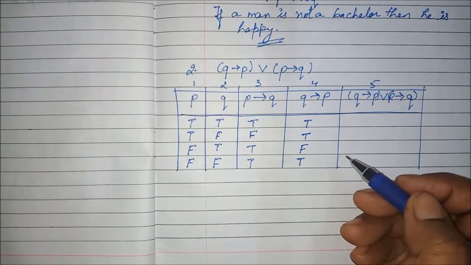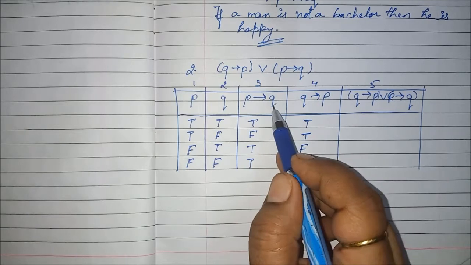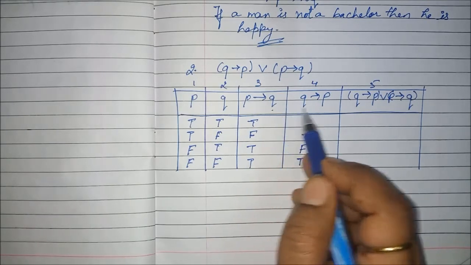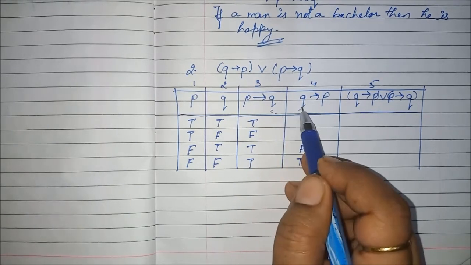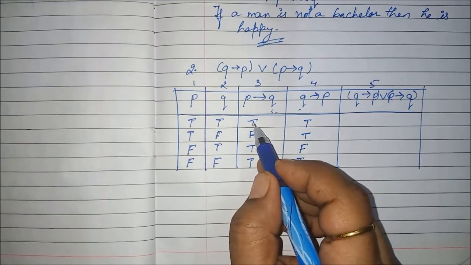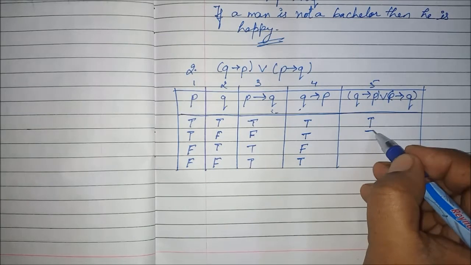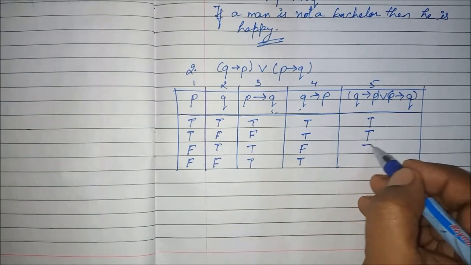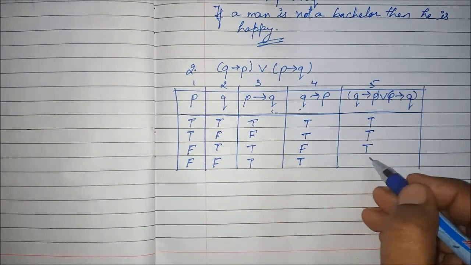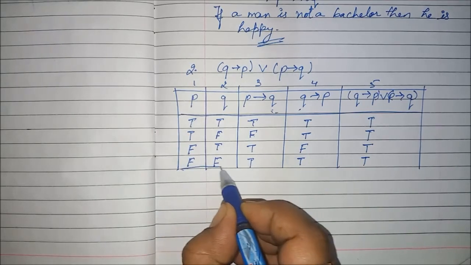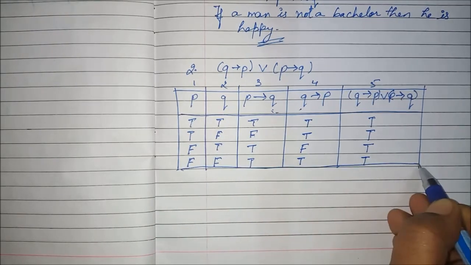Now we have to take OR between these two columns, between 3 and 4. True or true is true. False or true is true. True or false is also true. True or true is true. So this is the truth table.